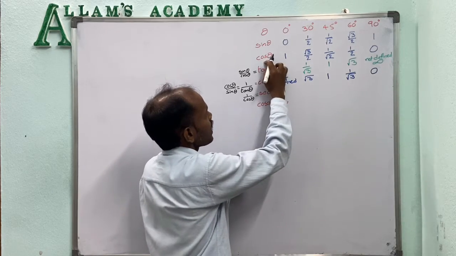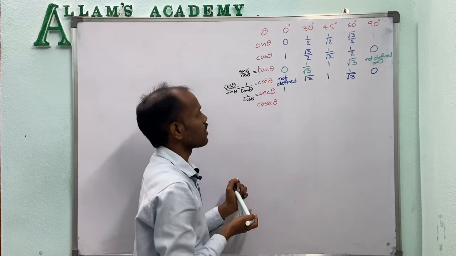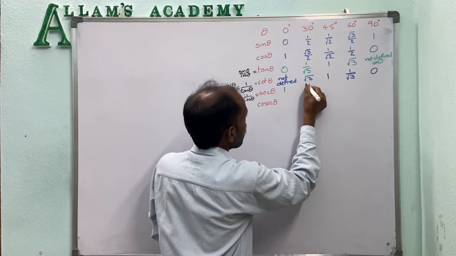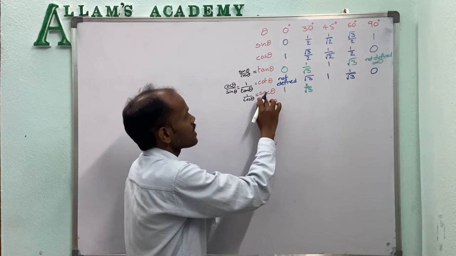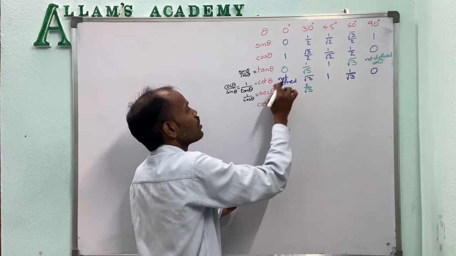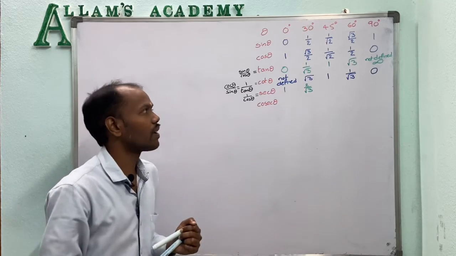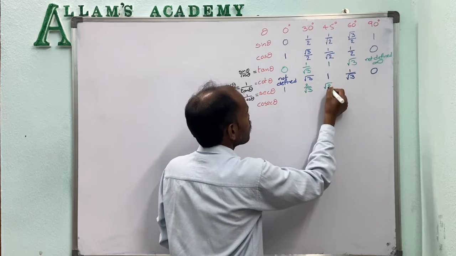Next, sec 30 degrees equal to reciprocal of root 3 by 2, that is 2 by root 3. Next, reciprocal of cos 45 is 1 by root 2, so sec 45 equal to root 2.